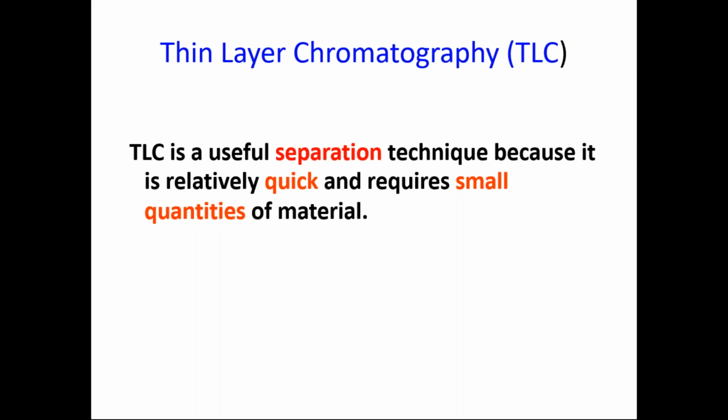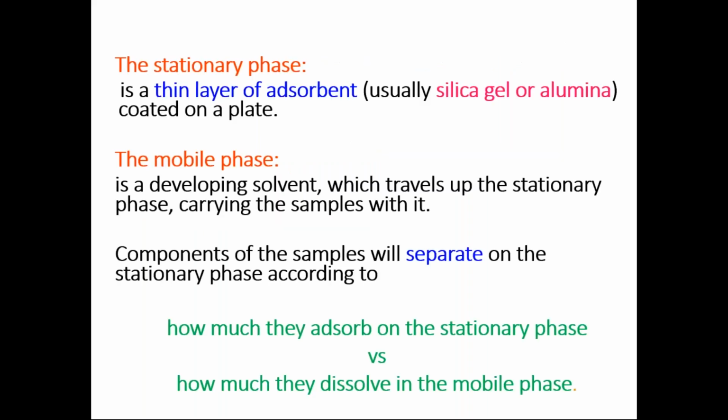So here the stationary phase is a thin layer of adsorbent. So it is most commonly silica gel or alumina, which is coated on an inert support such as a glass plate or a plastic sheet or an aluminium foil.